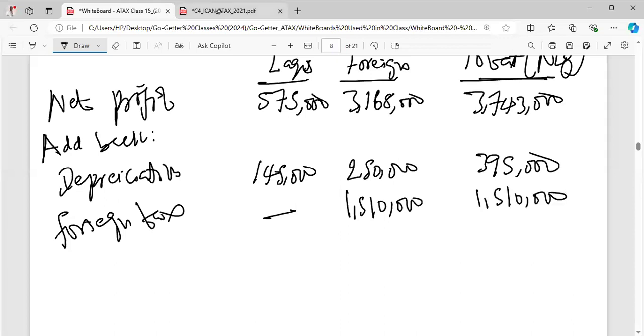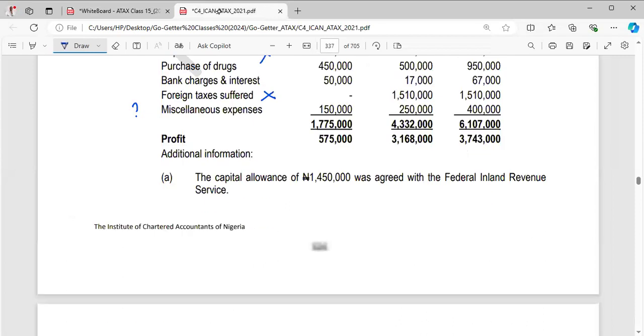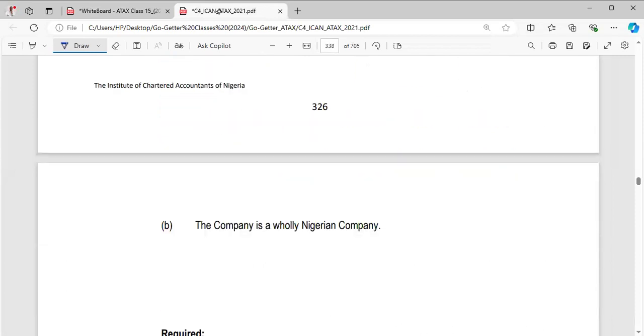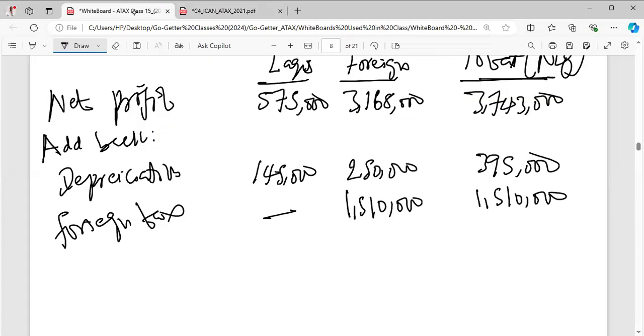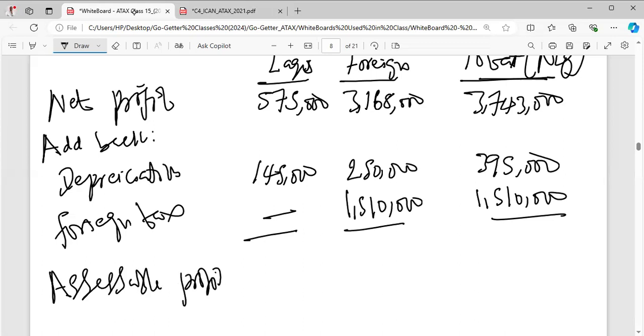Okay, so we are going to less. Okay, this is capital allowance. So let's not do that now. So these are assessable profit. So here will be what?